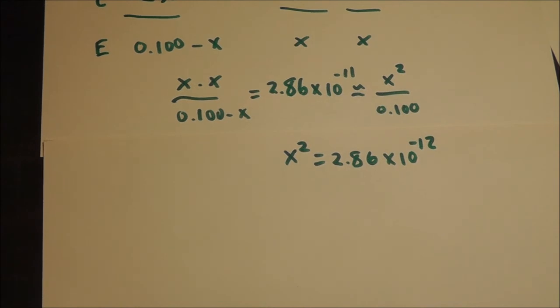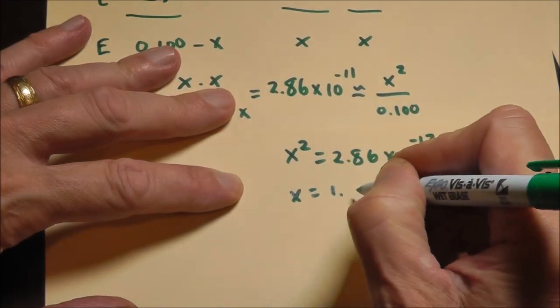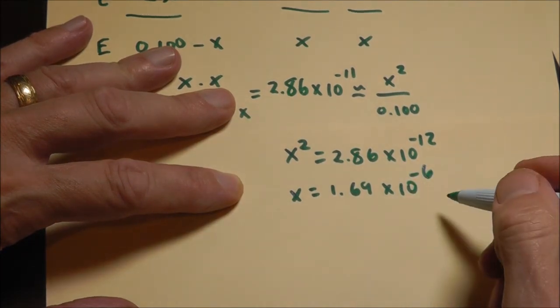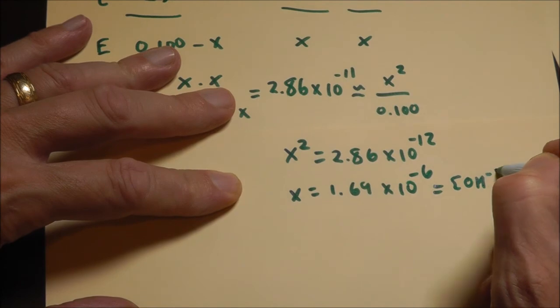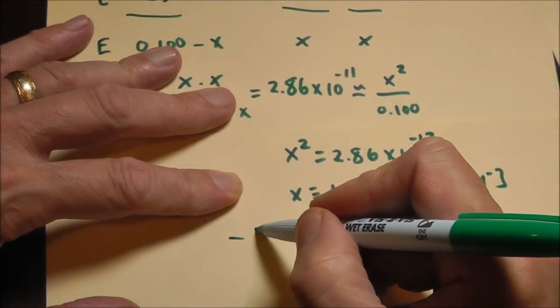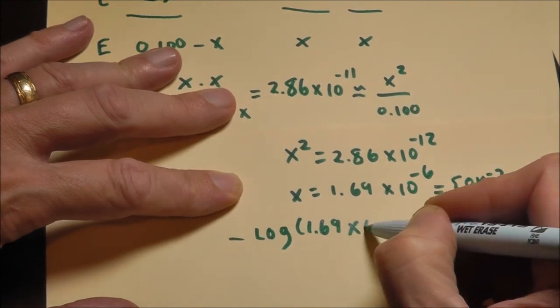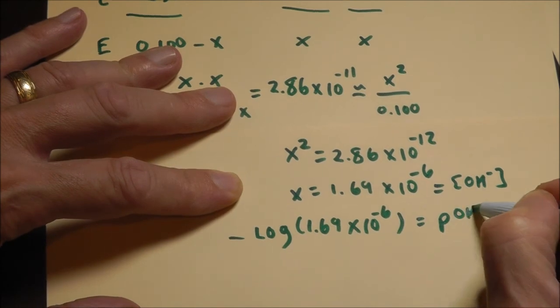Square root time. 1.69 times 10 to the minus 6 is X, which, remember, when you set up your equation for the ICE chart, is OH minus. If I take the negative log of 1.69 times 10 to the minus 6, that would be the pOH.